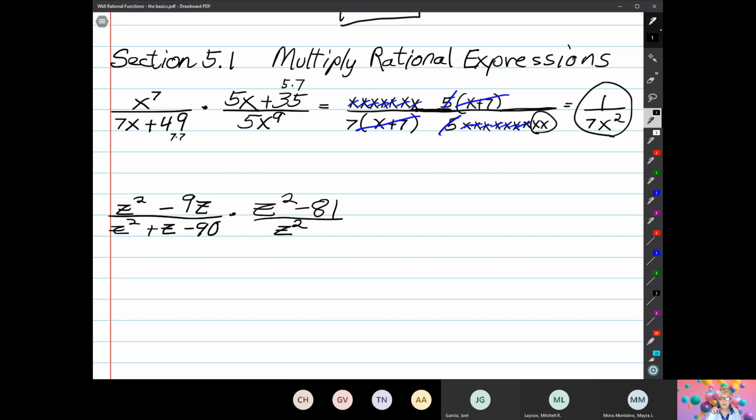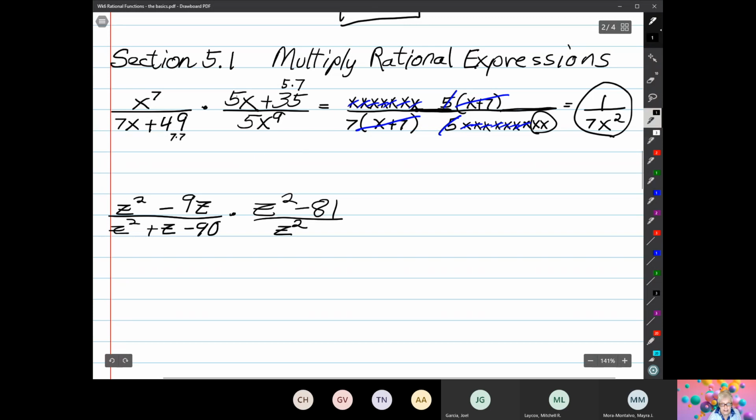You always answer a fraction question, even if it's a number fraction question, in lowest terms. Well, this is the way algebraic fractions get multiplied and simplified. Let's do it again. I like this. This is fun.